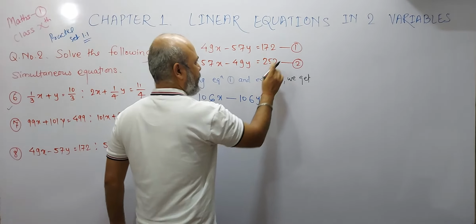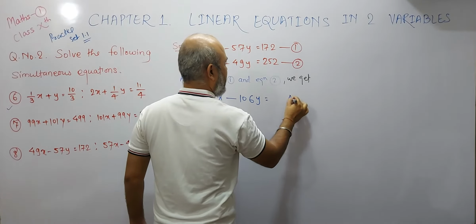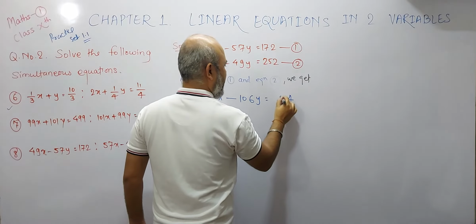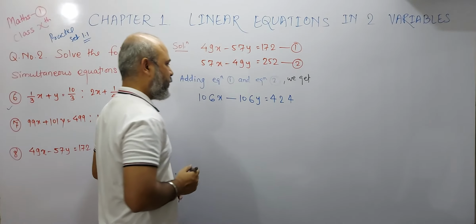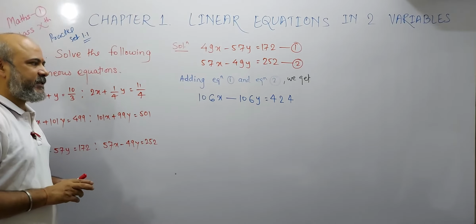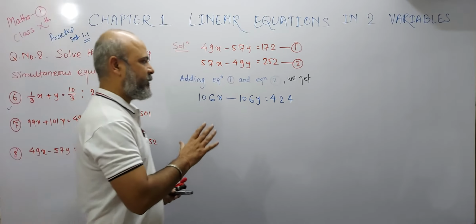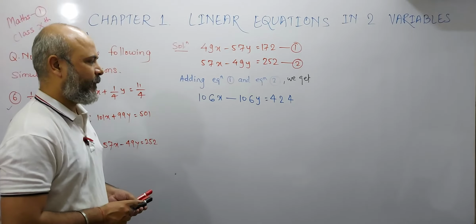And this is equal to 2 and 2 is 4, 7 and 5 is 12, carry 1, 2 and 1 is 3 and 1 is 4. So you are getting 106x minus 106y is equal to 424.